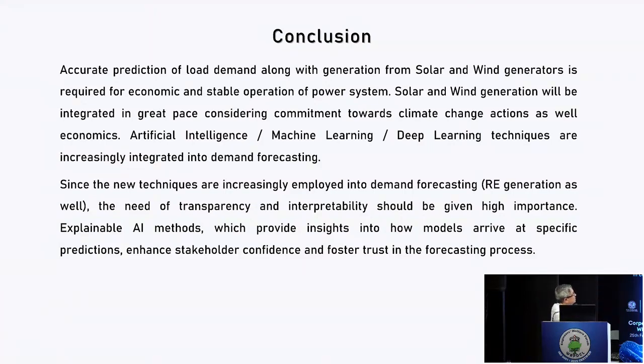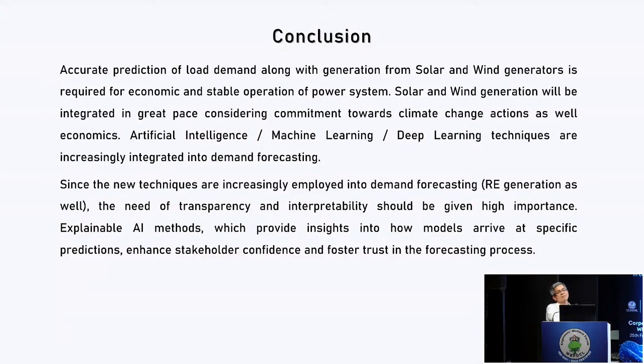But the only issue is that we need to understand whether it is transparent or not, whether everything we are putting in the machine and it is giving us output gives us confidence or not. So that is important.